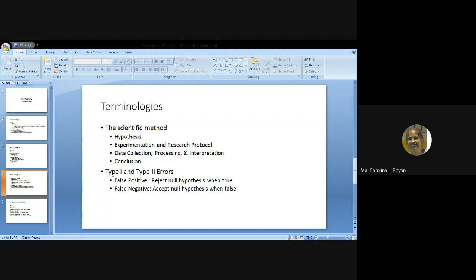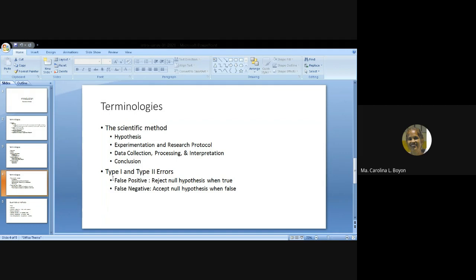So, the false positive, as defined in the scientific method, will be to reject the null hypothesis when it is true, and the false negative is to accept the null hypothesis when it is false.